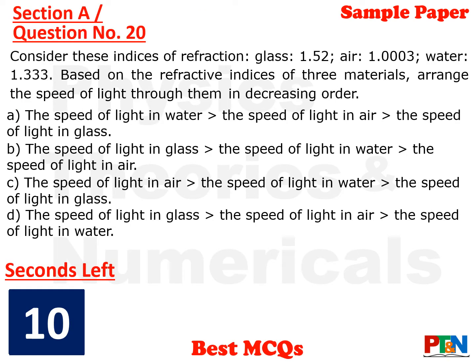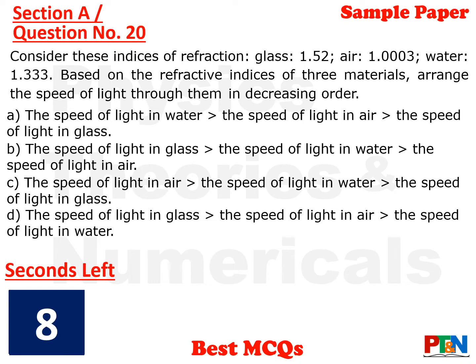Next question, question number 20. Three refractive indices have been given: glass 1.52, air 1.0003, water 1.333. Based on these refractive indices, you need to find out in which case the speed of light is more and where the speed of light is less. 10 seconds time for you. Your time starts now.